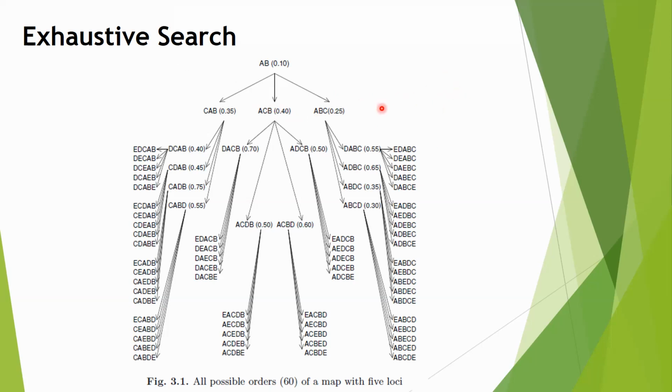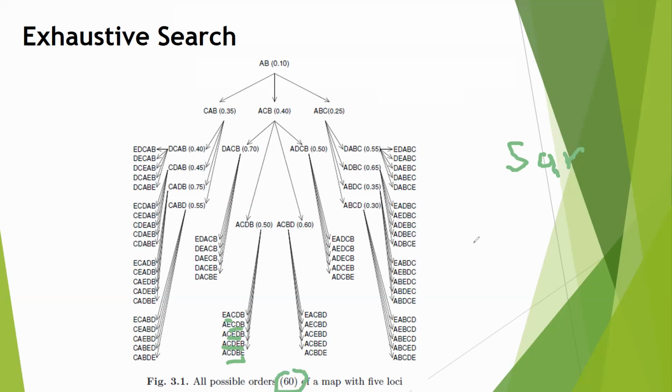So we can calculate the SAR value for each possible order here. There are not that many, there are only 60 possible orders for A, B, C, D, E, right?